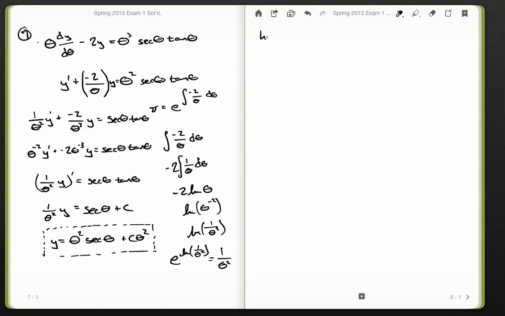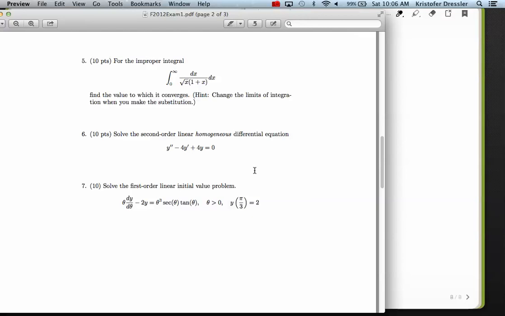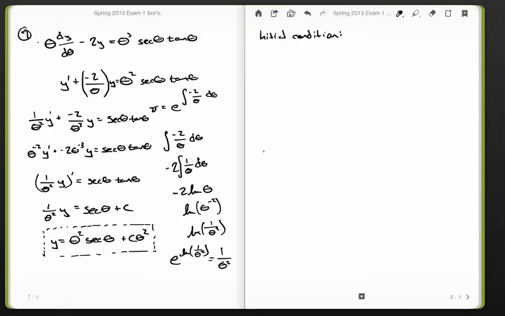My initial condition was, let's see, theta is greater than 0, y of pi over 3 equals 2. Okay?